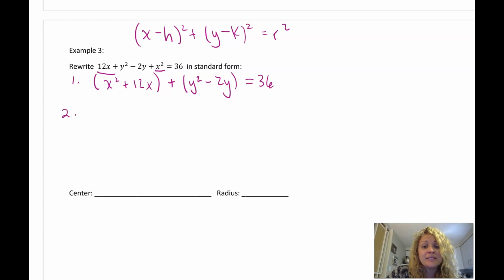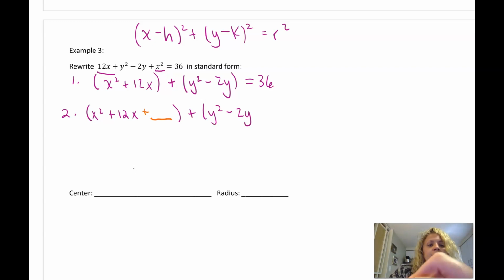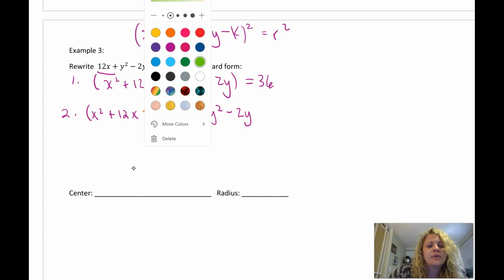Next, we're going to complete the square, but we've got to do it twice. So I've got x squared plus 12x, and then there's got to be some number that I can add to that will complete the square. And then in the y parentheses, I have y squared minus 2y, and then there's got to be some different number.